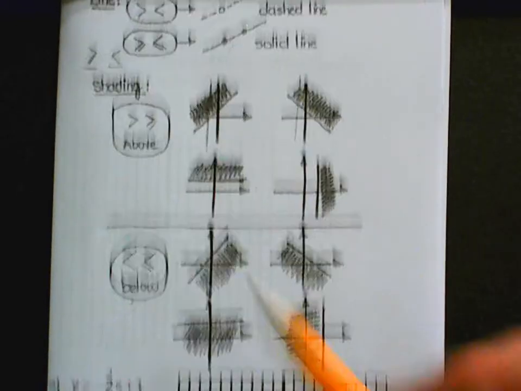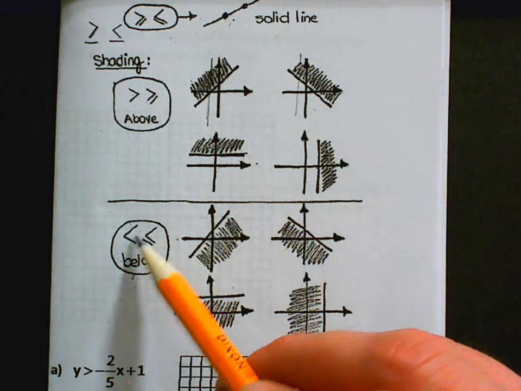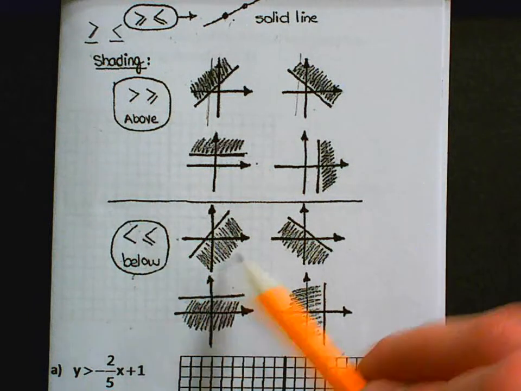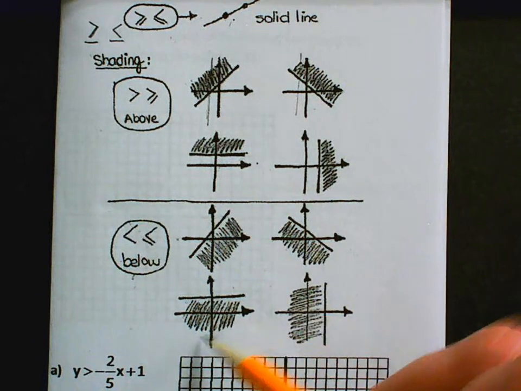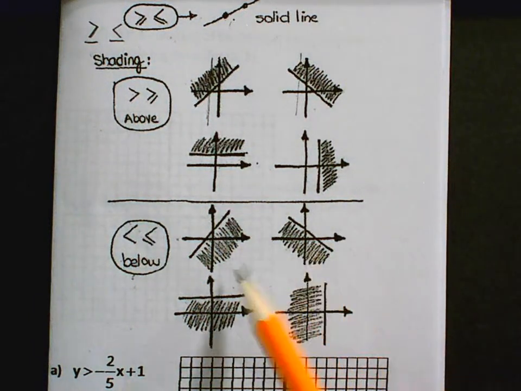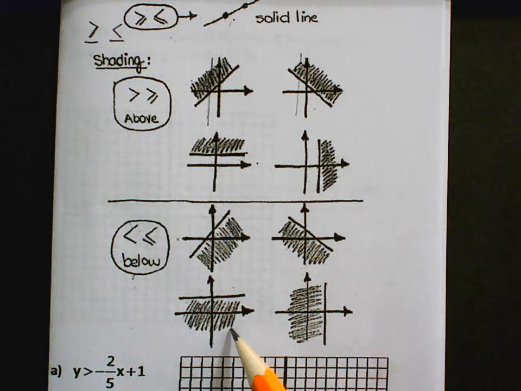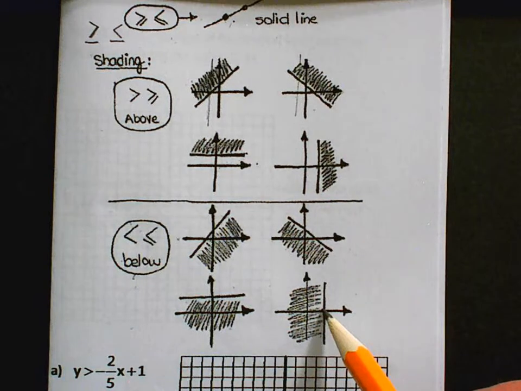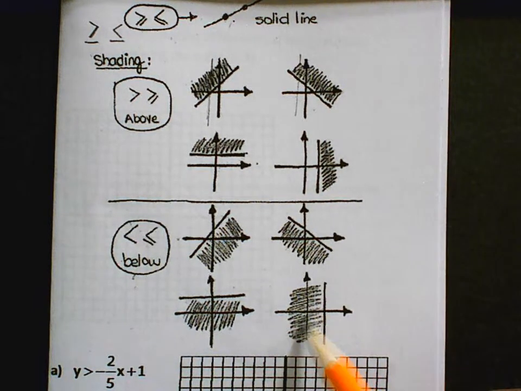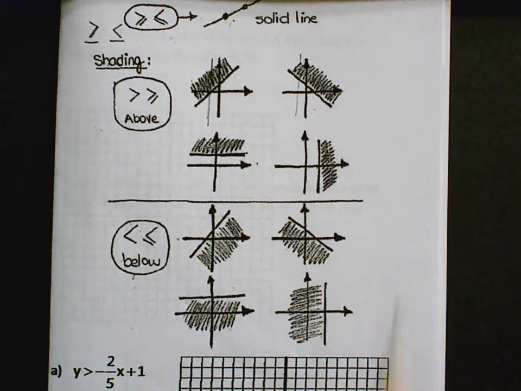Same thing applies for less than. If you have less than or equal to, you're going to shade below the line. Here are the representations where the shading would go. Also, if you have a vertical line, less than would be the smaller numbers, so you'll be shading to the left.